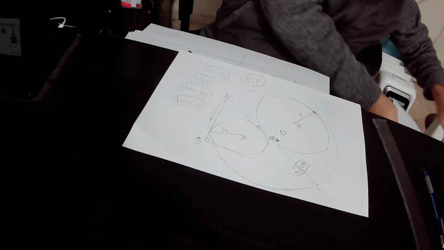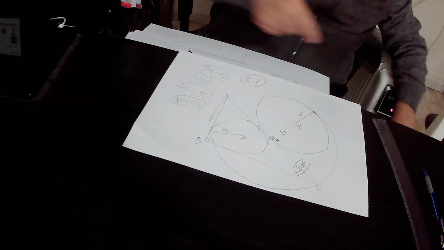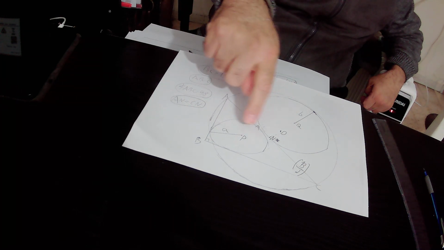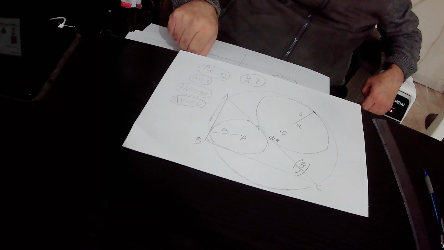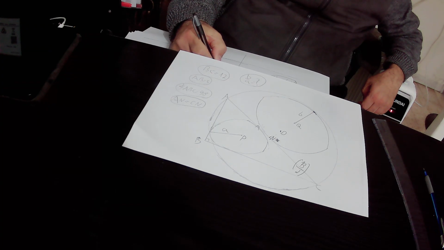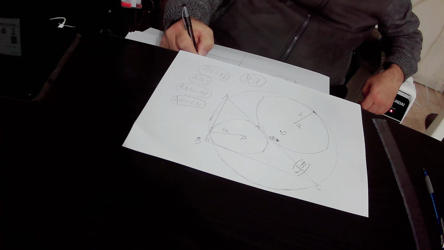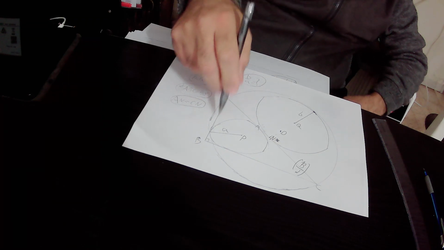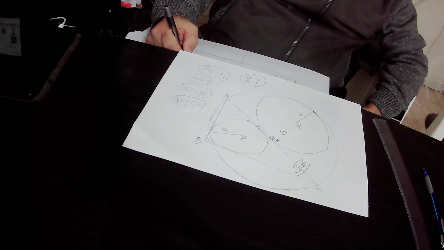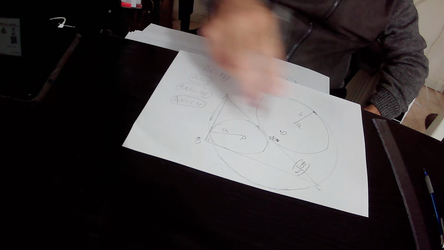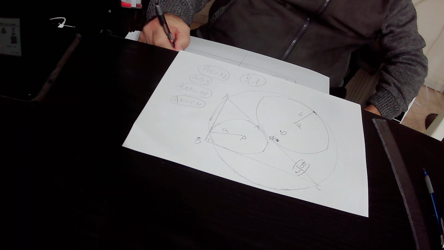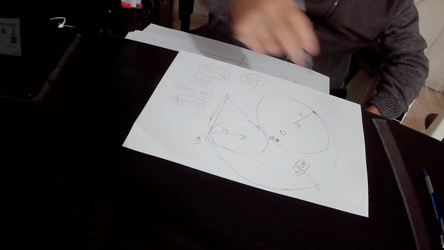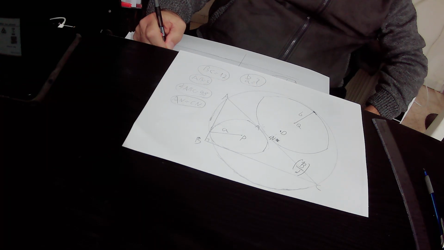In our drawing, the right triangle ABC blocks this circle with radius A. So according to rule number 8, the value of the radius A of this circle that is blocked by the right triangle ABC will be equal to AB plus BC minus AC over 2.